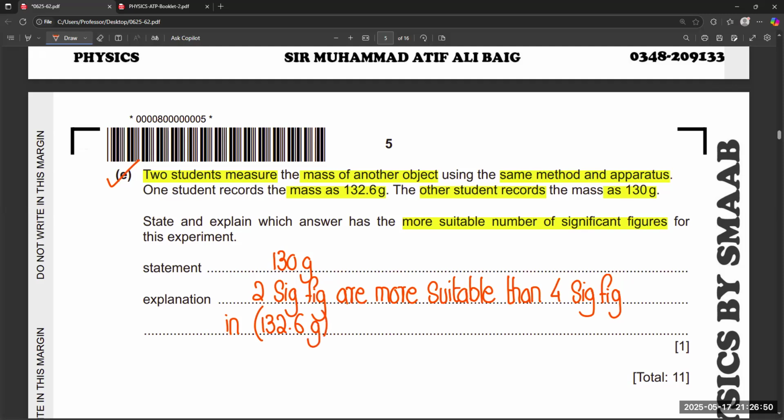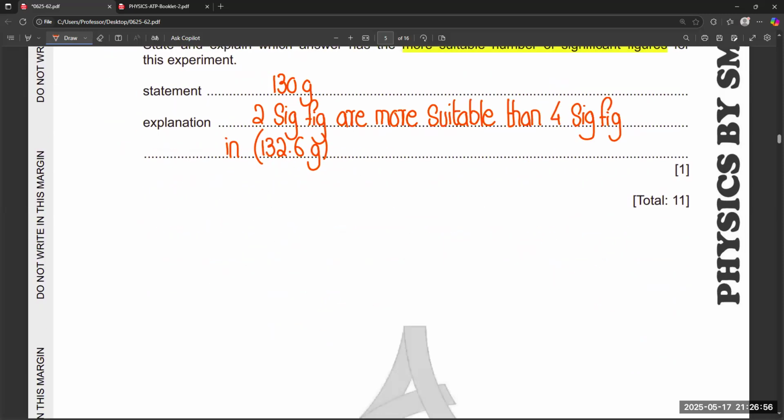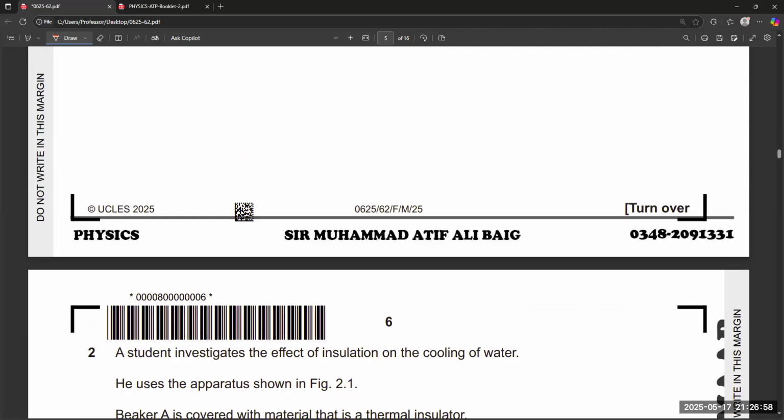So this is the simple answer. So this is the first question. That is an easy one.